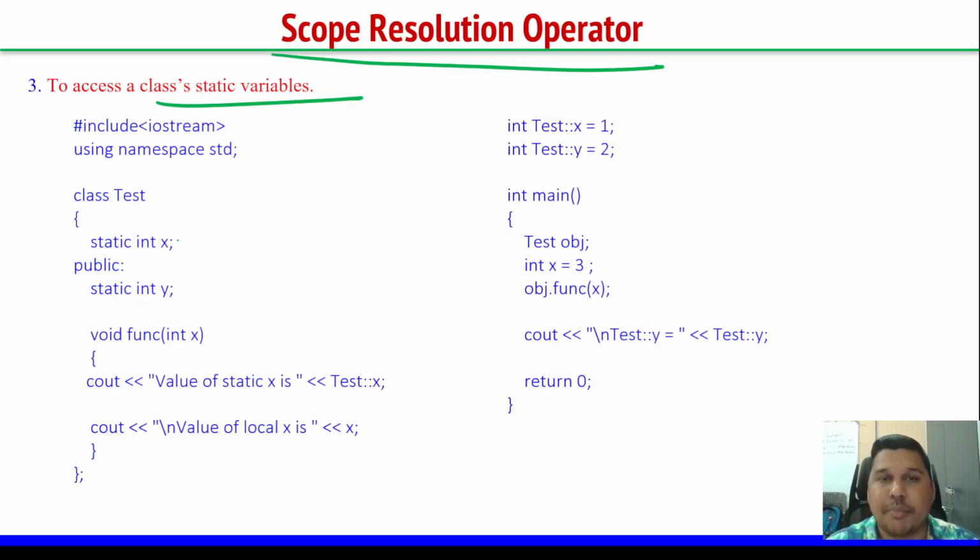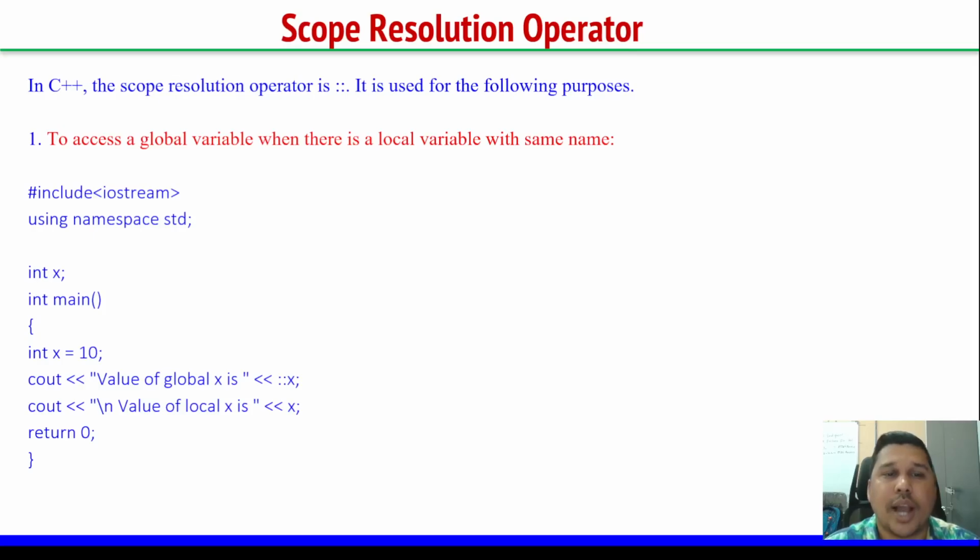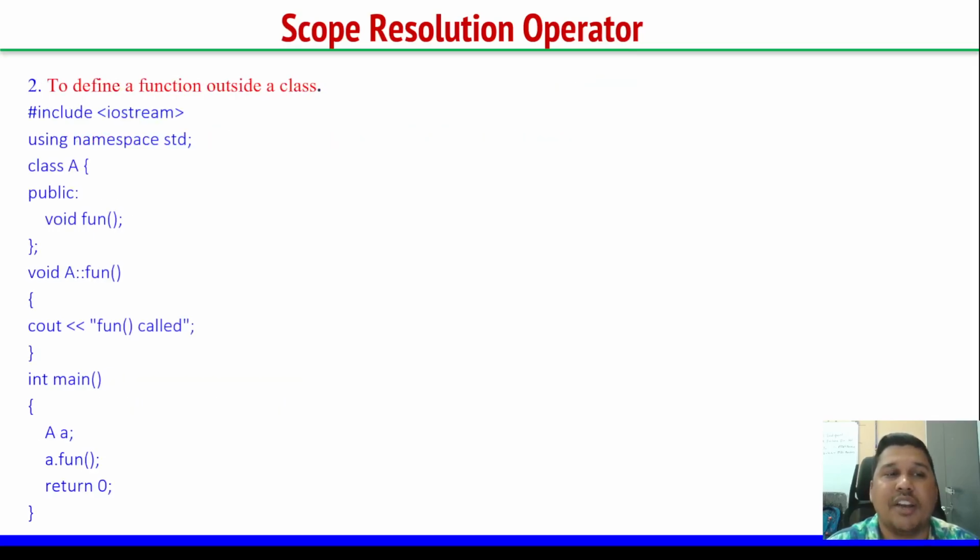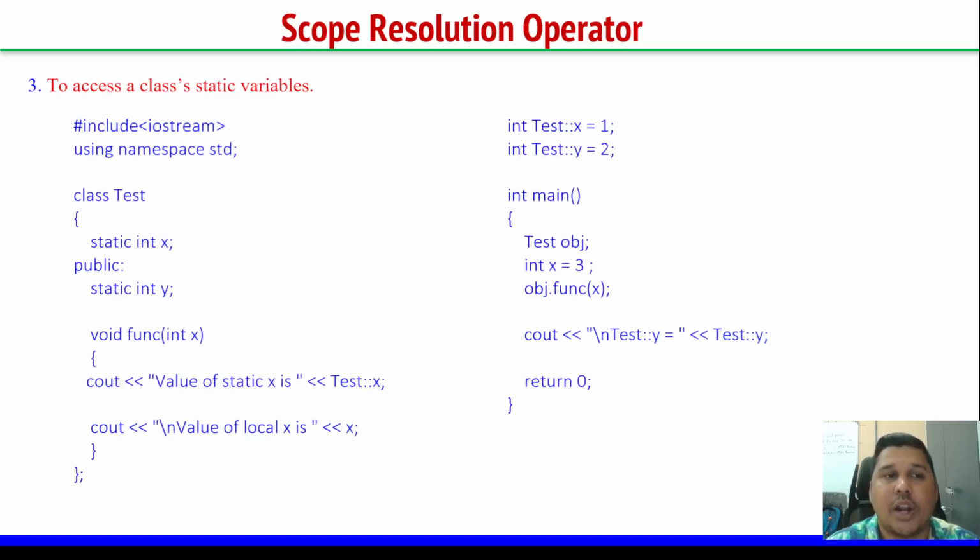Some classes may have static variables, and to access those variables, we can again use the scope resolution operator. So the uses are mostly to access the variable having the same name in both local and global, to define a function outside the class, and also to access the static variables of a class. These three are the usages of the scope resolution operator in C++.